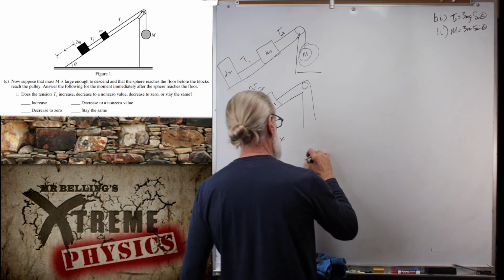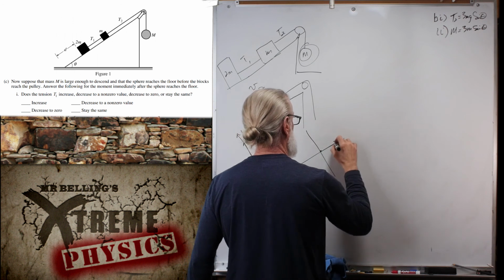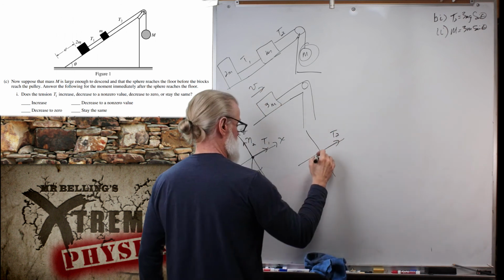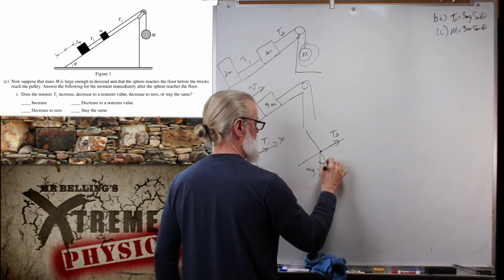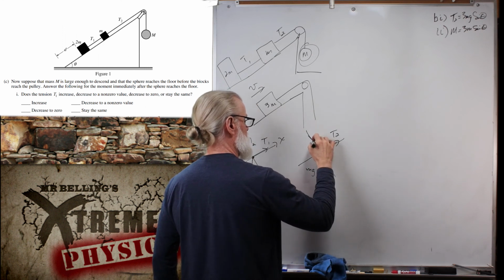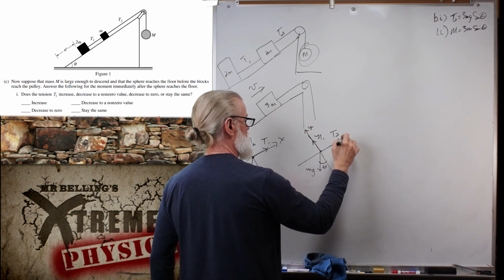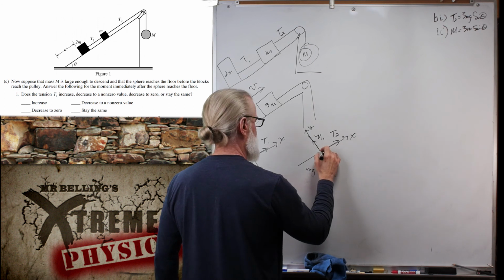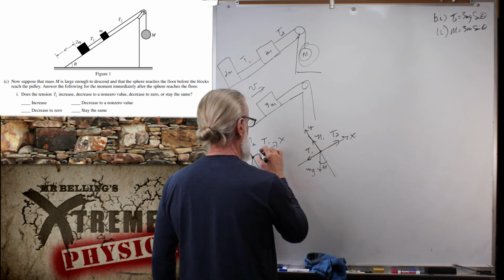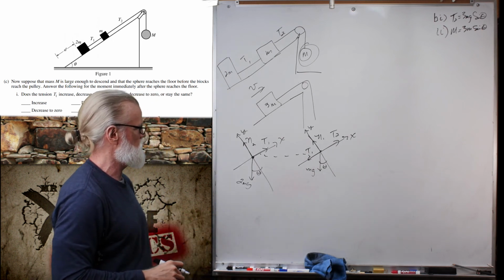And then we also had this one, which had T2, and we had mg, and we had theta, and we had our normal force, normal 1, I will call it, y and x. And we also had T1 acting on that, T1. And these were Newton's third law pairs. These two T1s were the same.